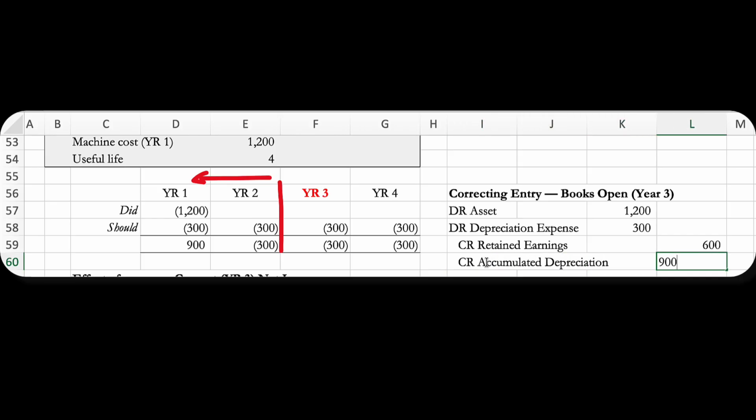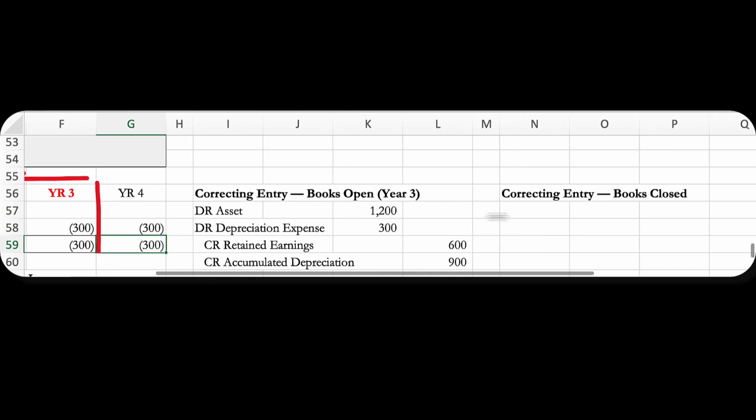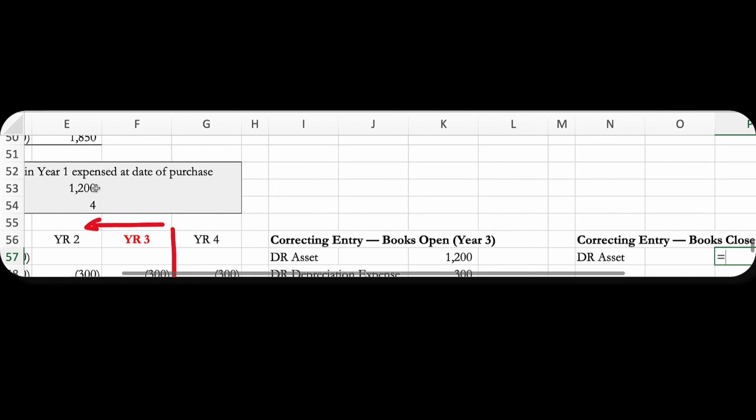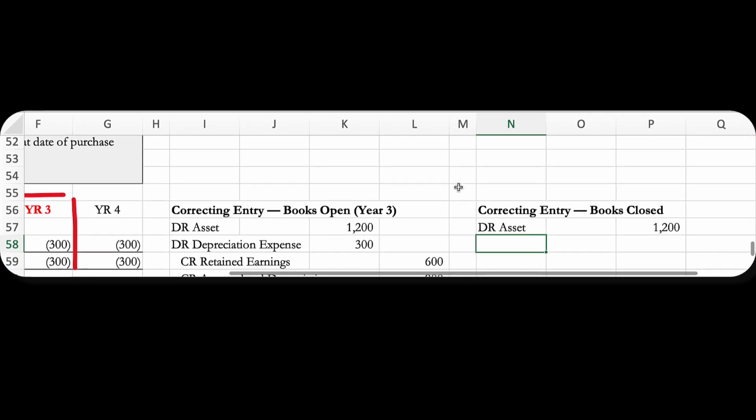for $900. Now, if my books were closed at the end of year 3, we can move all of this over to here, and everything to the left of the line is what's wrong with retained earnings, and everything to the right of the line is a future year that we don't have to worry about until we're in year 4. So we are in year 3. To correct this entry, we would still need to debit an asset for $1,200. So I'll take that $1,200 from here. And I would also need to fix retained earnings.